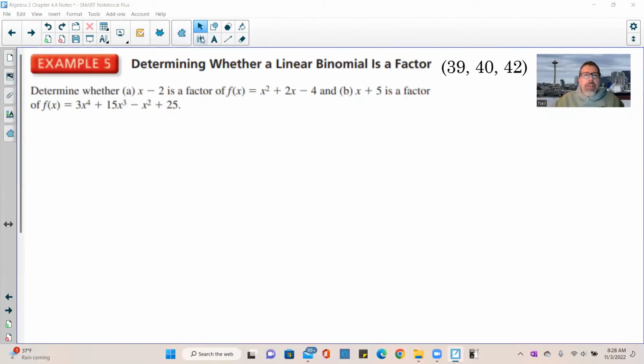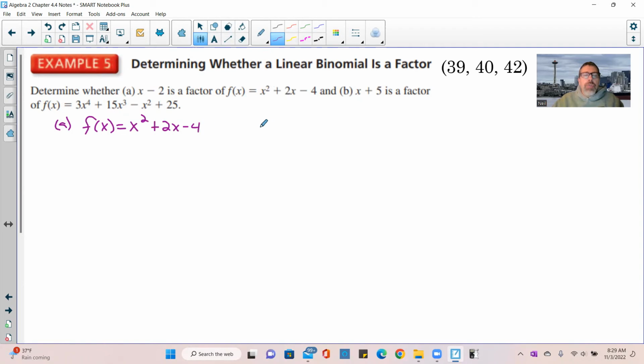Okay, so example 5 says determine whether a linear binomial is a factor. Determine whether x minus 2 is a factor of f of x equals x squared plus 2x minus 4. So you can do direct substitution first. So here's our x minus k. It says it's a factor if and only if f of k is 0. So x minus 2, k is 2.